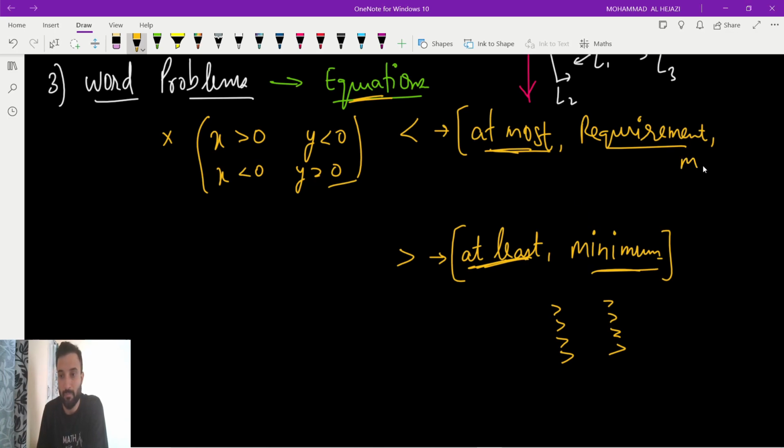Then maximum. If I say you have a maximum of 2 hours, you know we can't go more than 2 hours, we have to stay within the limit of 2 hours. We have to take the lesser value, we can't go to the higher value. So the words at most, requirement, maximum are for lesser than, all will be lesser than.